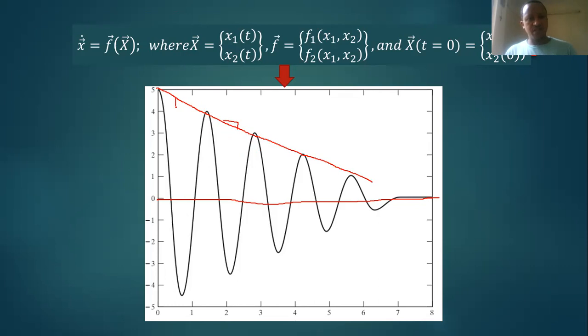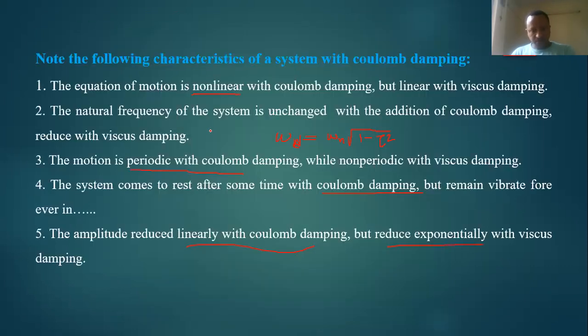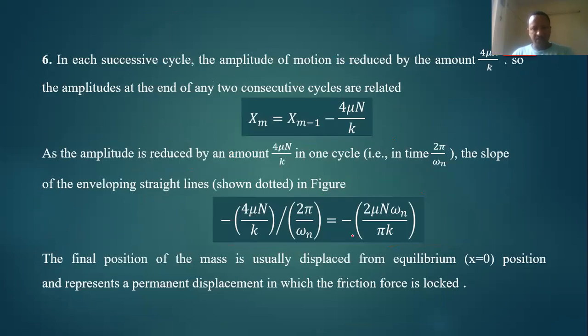The minus implies a declining slope from left to right, which gives minus 2 mu N omega n over pi k.